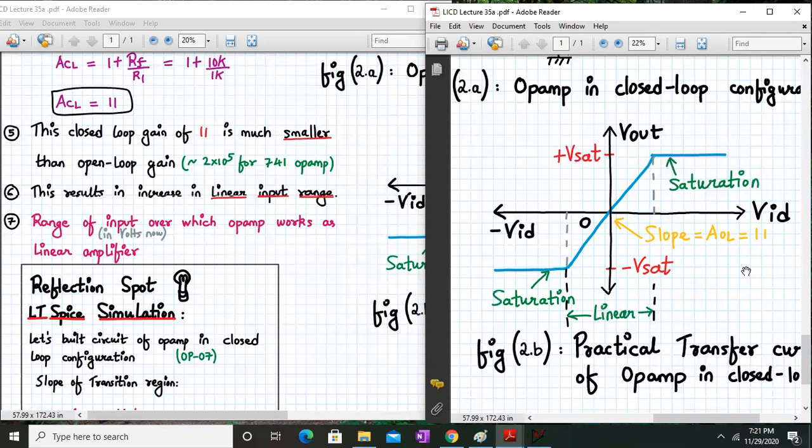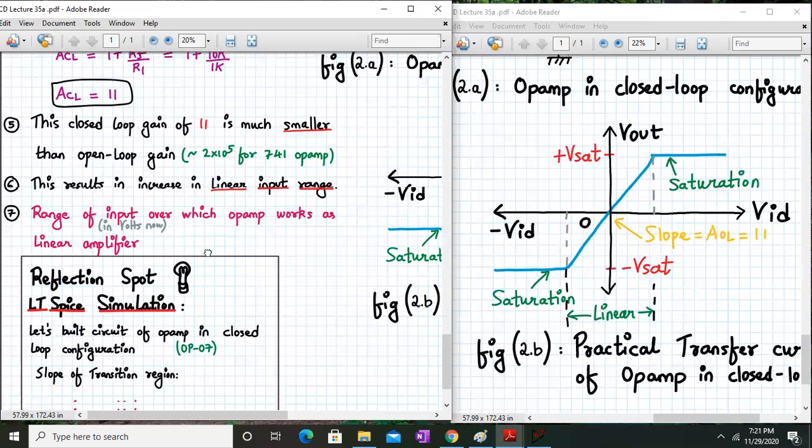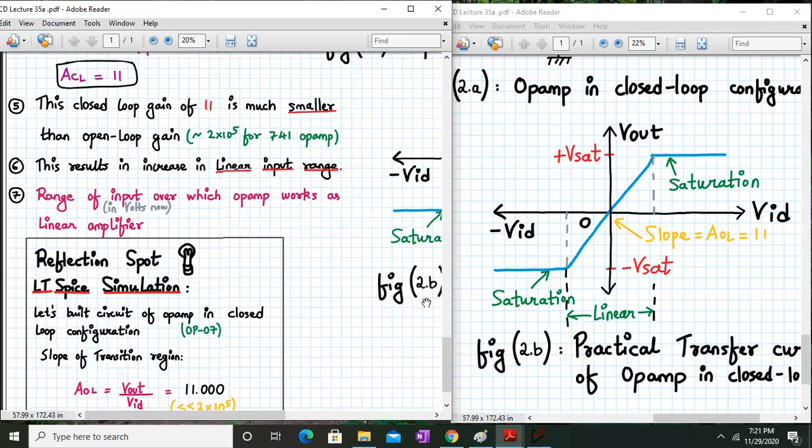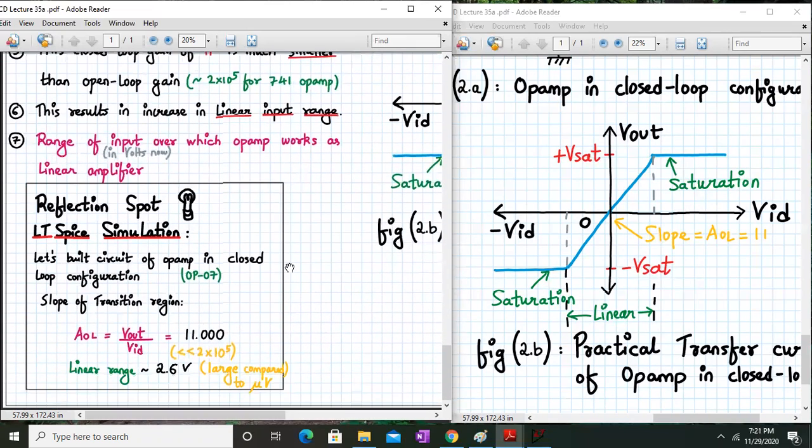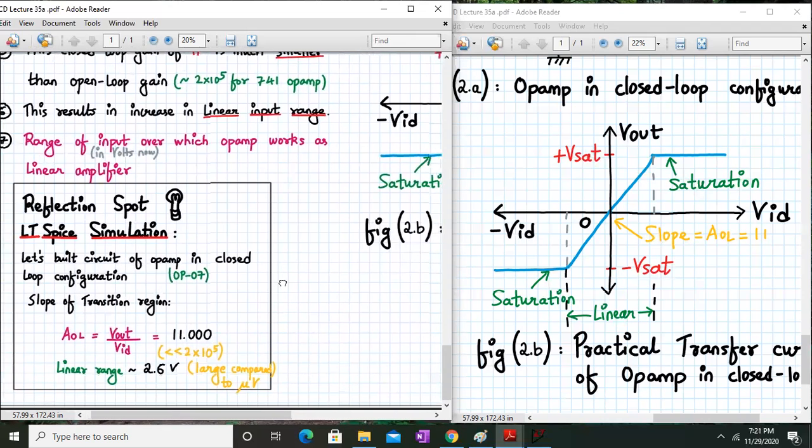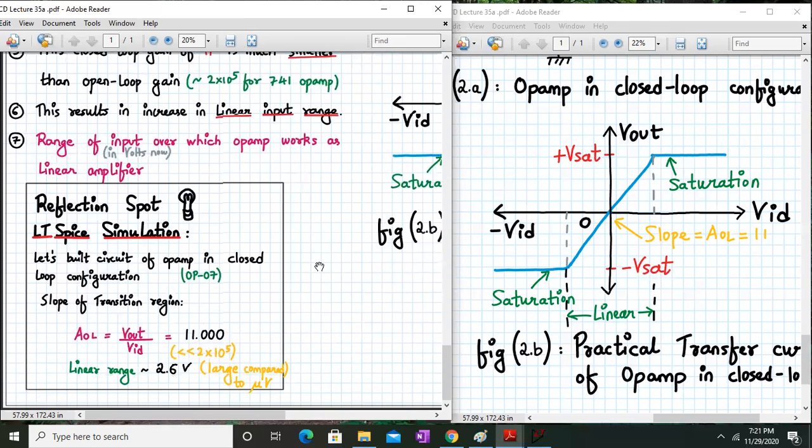Earlier for open loop configuration the slope was very high, 2 into 10 to the power 5. Right now it is just 11. And again, we have a quite drastic increase in the linear region. Now we will observe that shortly in the simulation. Let's build a circuit of op-amp in closed loop configuration, and find out the closed loop gain and the linear range.